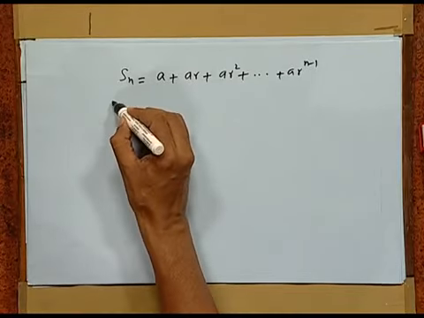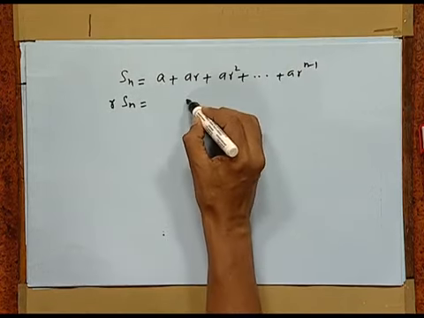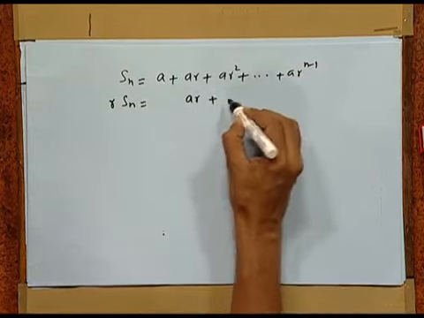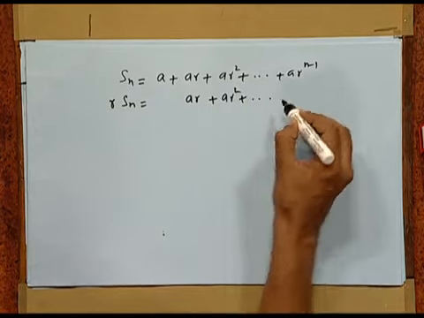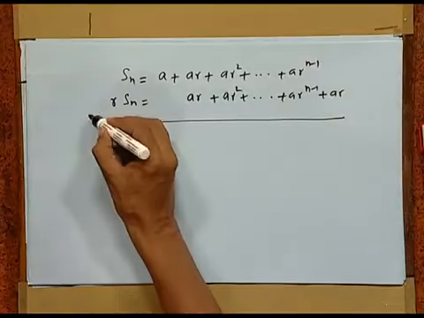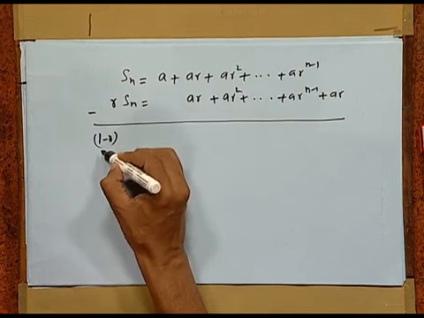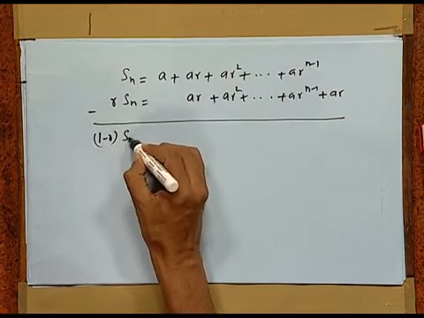We write R times Sn in this manner. And now we subtract it. Here we get 1 minus R times Sn.